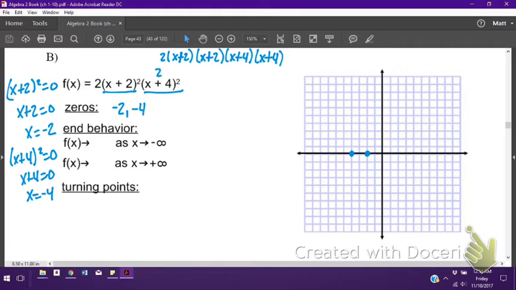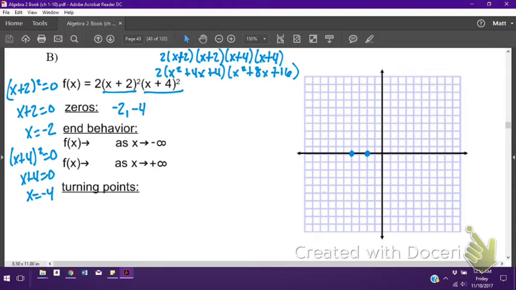I'm going to FOIL the x plus 2 and x plus 2, and I'm going to get x squared plus 4x plus 4. And on the other one, I'm going to FOIL those together, and I'm going to get x squared plus 8x plus 16. If you're unsure how to do that, you're going to FOIL. So first, outside, inside, last.